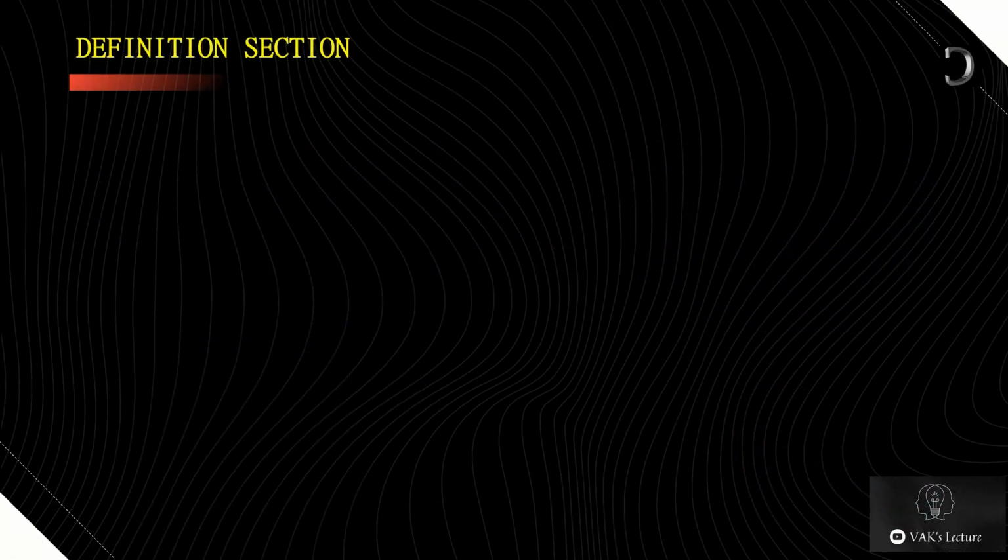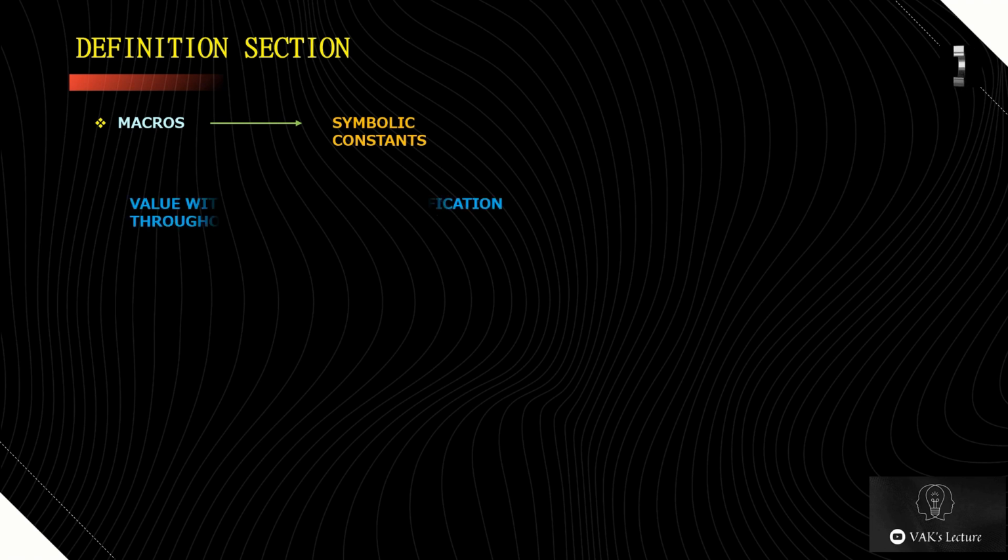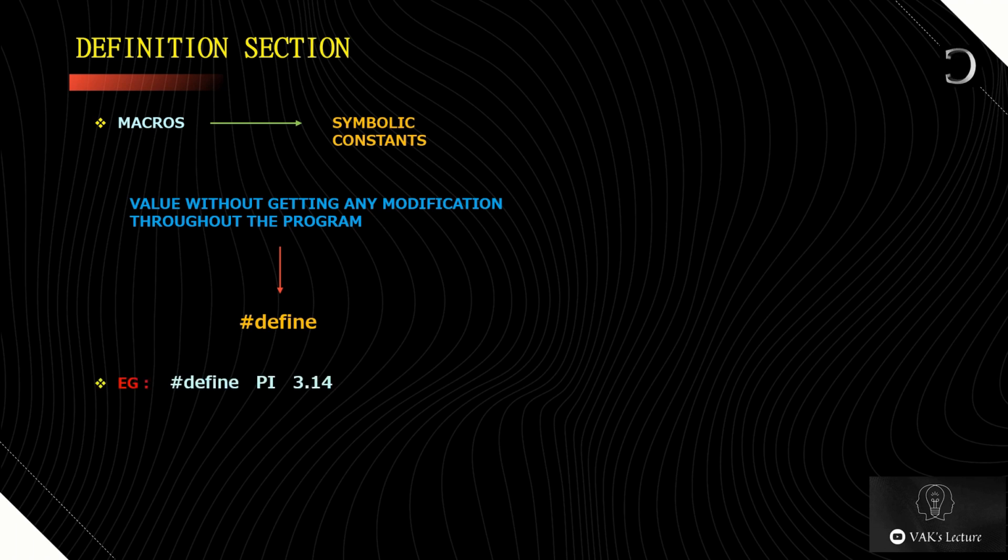Now the definition section. In this section, we can define the macros. Macro means symbolic constants. Suppose in our program, we want to use some value throughout the program without any modifications, then we can use the preprocessor #define in this definition section. For example, #define PI 3.14. Already we know that the pi value cannot be changed and its value is always 3.14 or 22 by 7.